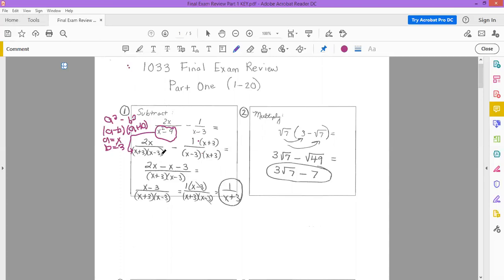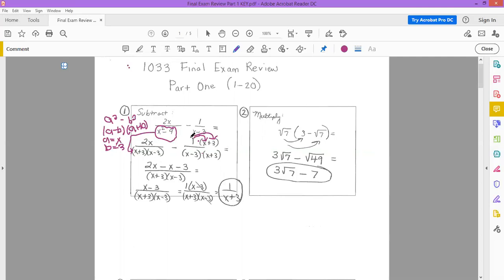So this x plus 3 times x minus 3, we keep that denominator the same, and then we combine the terms in the numerator. 2x, carry that down, minus, here we have to distribute 1 times x and 1 times 3.